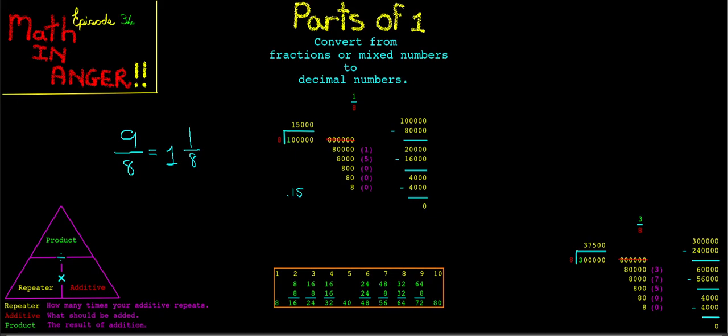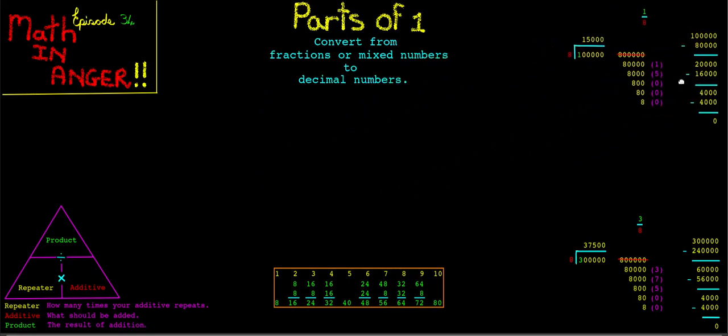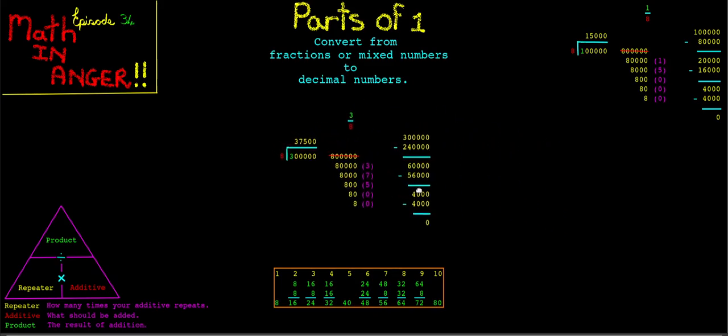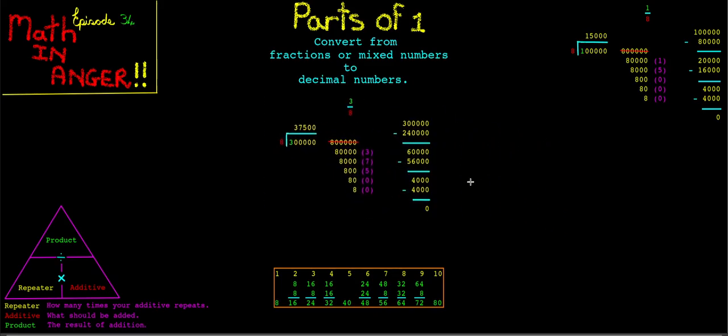Let's take a look at a scenario where you don't have one of something, you have more. Let's just put this over there for a moment, and then we'll take this and drag it over here. So there we have 3/8. And here again, I took my product, wrote it down, slapped 5 zeros onto it, took my additive, wrote it down, and did the long division.